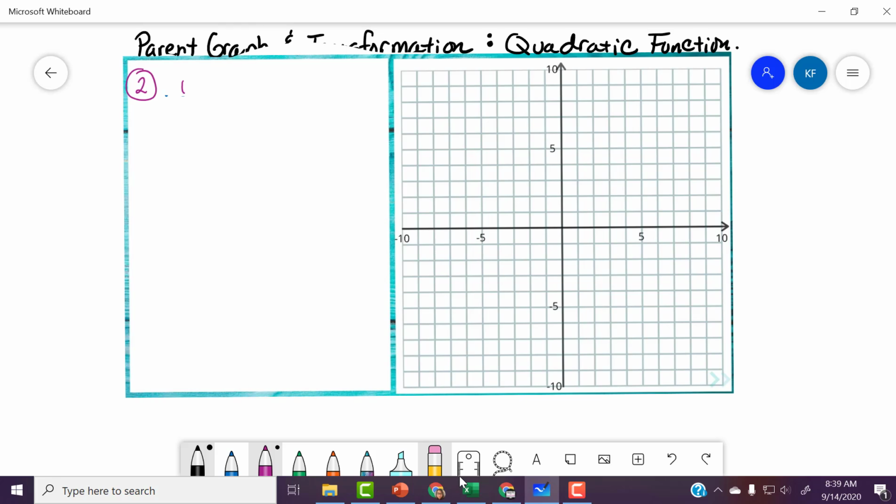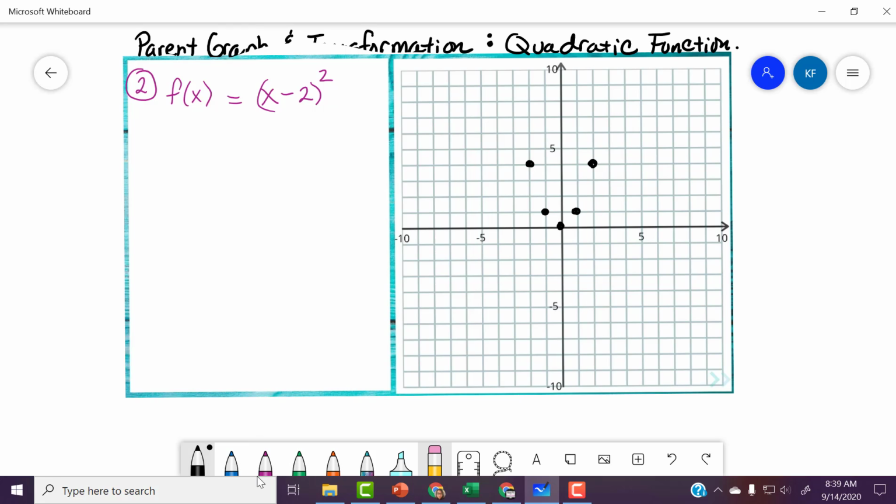Okay, here's number 2. Okay, I'm going to put my parent graph on here without connecting them, just for perspective as to what I'm doing.